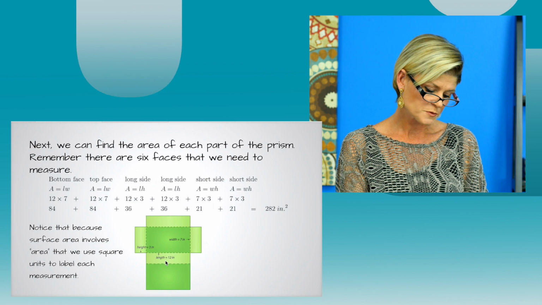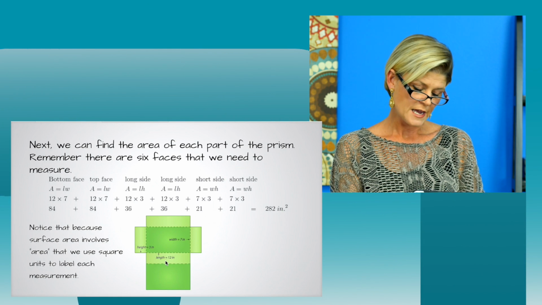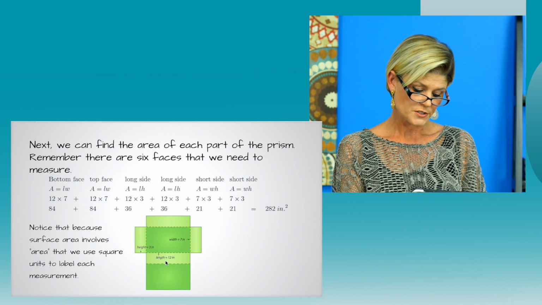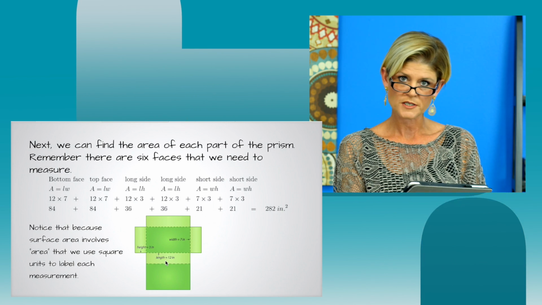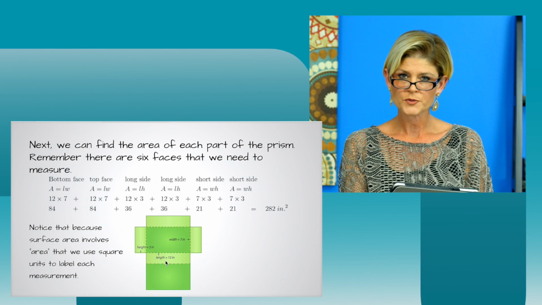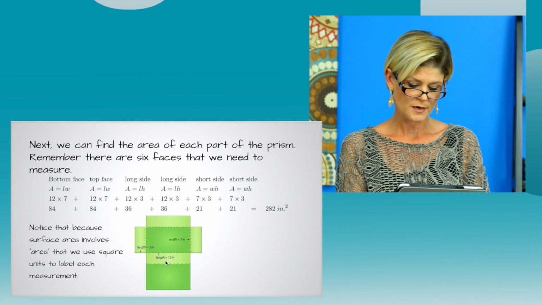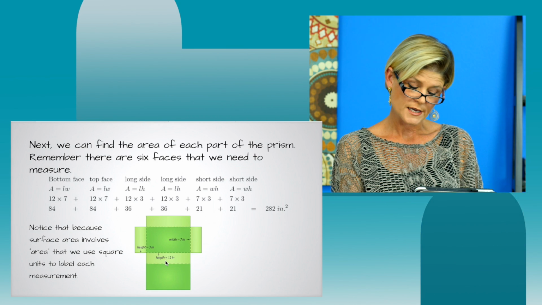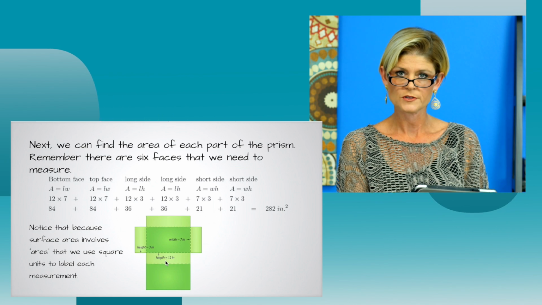So let's look at the measurements for the bottom face in the first column there. Bottom face, area equals length times width, and if you look at the figure, you'll see the length is 12, and the width is 7, and 12 times 7 is 84. We just do that twice because we do the bottom and the top. So at the bottom we have 84 plus 84. Then we have the long side, area equals length times height, which is going to be 12 times 3, and we're going to do that twice.